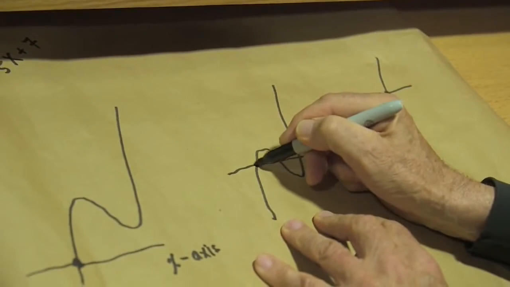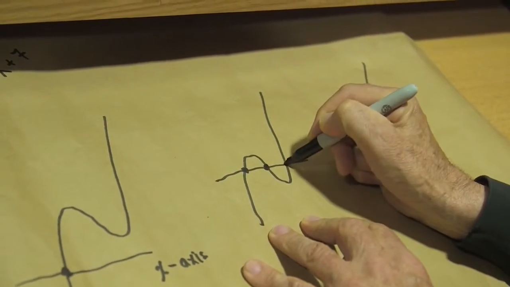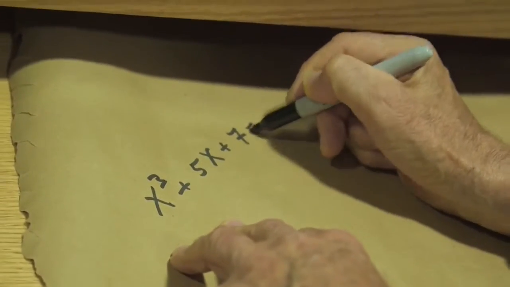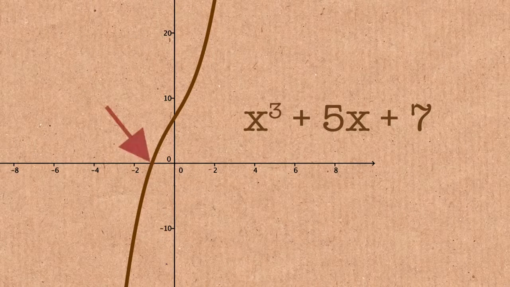This one has only a single 0 here. And this one has 3 of them. These would be the solutions of the equation. For example, this one, we would have to figure out which of these 3 it is, but it doesn't matter. We're looking for solutions to equations of this sort. So, as I say, unless you're really perverse, you either have 1 or 3 solutions.